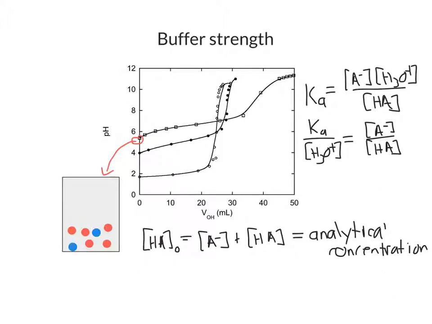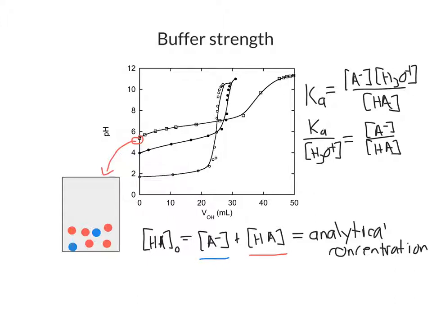The concentration of conjugate base and the concentration of the conjugate acid in my buffer solution is important for the following reason. When I no longer have enough conjugate base or enough conjugate acid in solution to soak up extra strong acid or extra strong base, the buffer will no longer work.